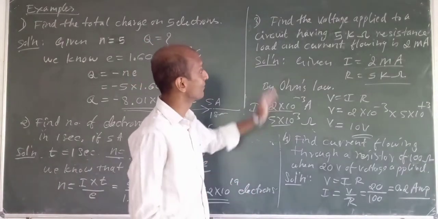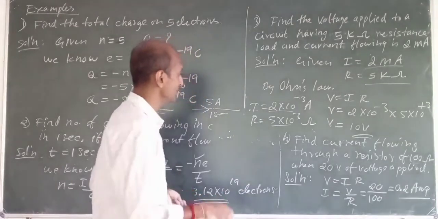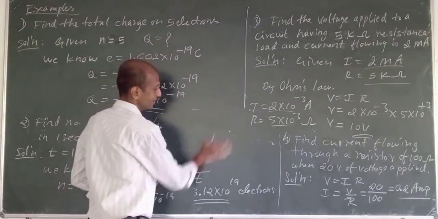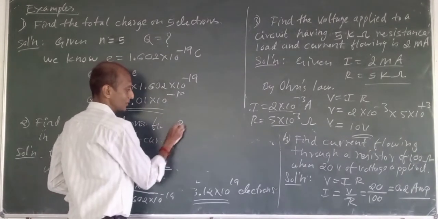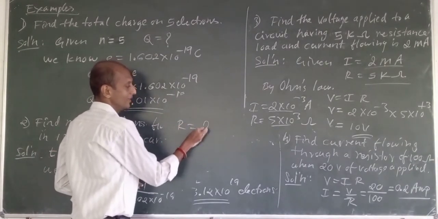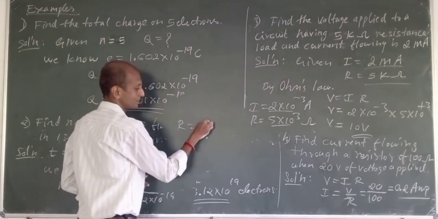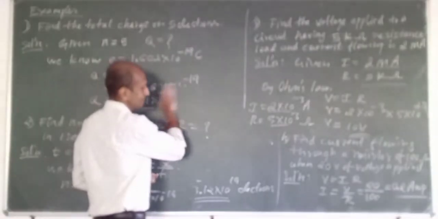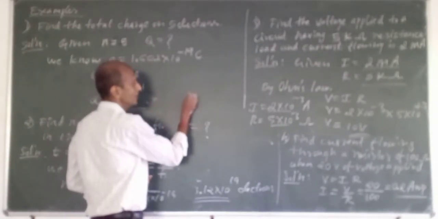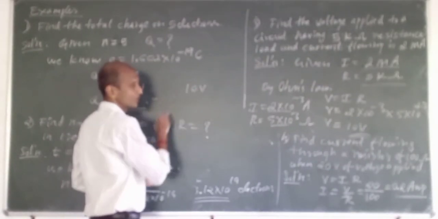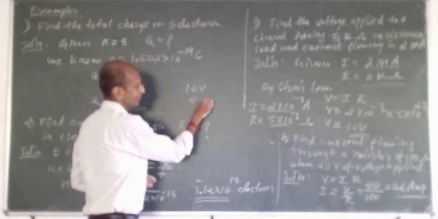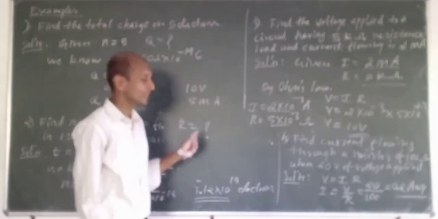Okay, so even if I give, for example, another question, maybe to calculate the resistance. If I give you a certain voltage and current, for example, 10 volts of voltage is given, and 5 milliamperes of current is flowing.